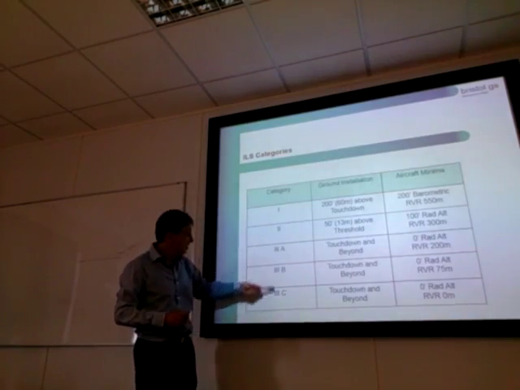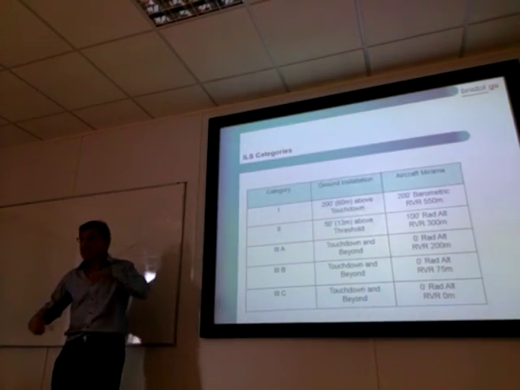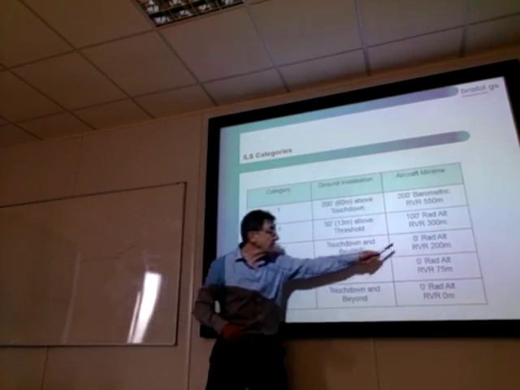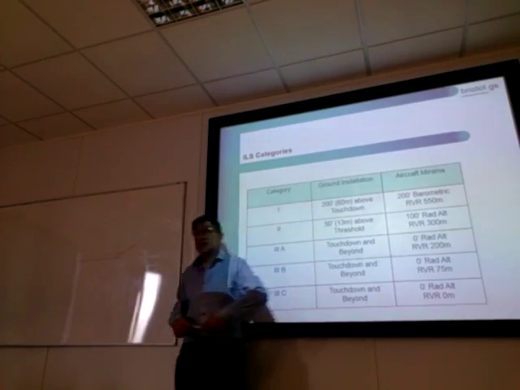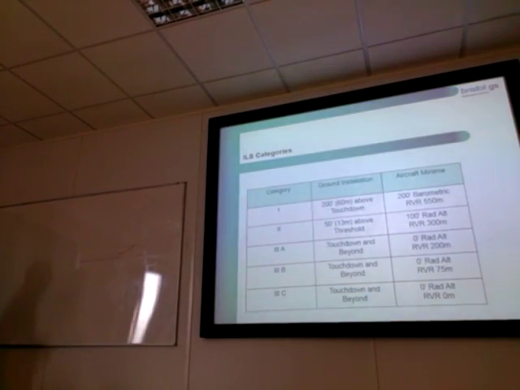And then, of course, we've gone on to Cat 3, and they've broken Cat 3 down into three different bits. The similarity for them all is they all take you down to the ground. The difference is what RVR you are allowed to use.